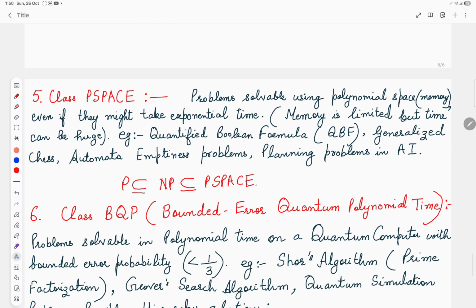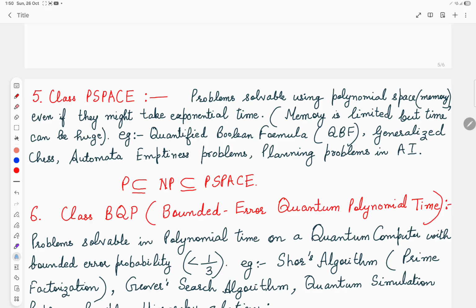Now there is another class which is based on memory or space as a parameter. These are problems which are solvable using polynomial space, which basically means memory. Even if the running time of the problem is exponential, they take a space which is polynomial in nature as the input size grows.